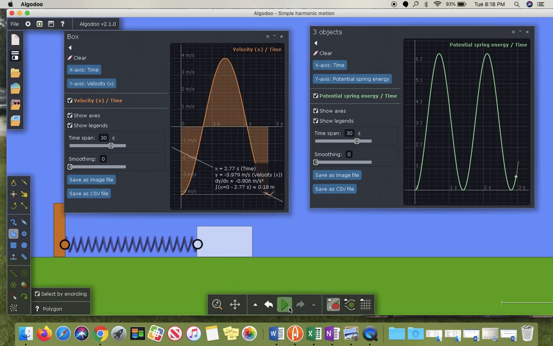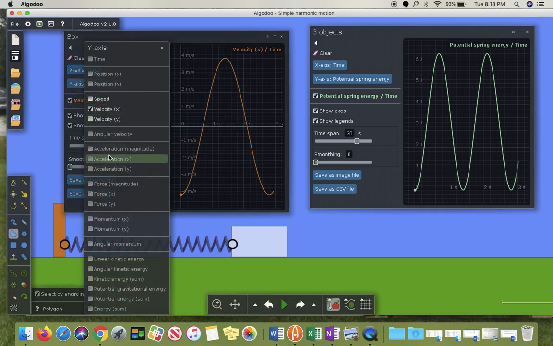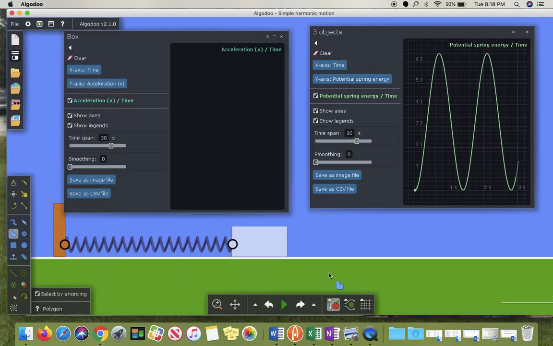All right, last one of these before we get moving on. Let's go ahead and verify our acceleration versus time graph. So now with the acceleration versus time, we should expect, since it's at the midpoint and the spring is relaxed, there's no force from the spring, so there won't be any acceleration.